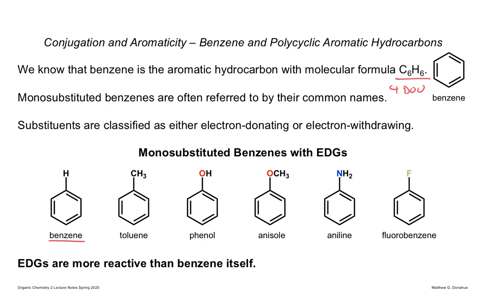So we're going to take benzene and learn how to make these other things. A monosubstituted benzene just means we're taking an H and substituting that H for some other functional group. The molecules shown here have electron donating groups on them, either through induction, that's through bond, or resonance.